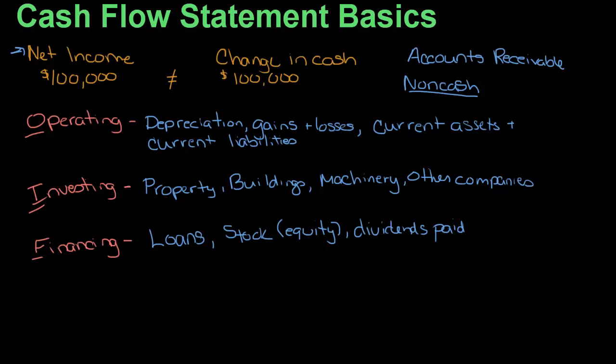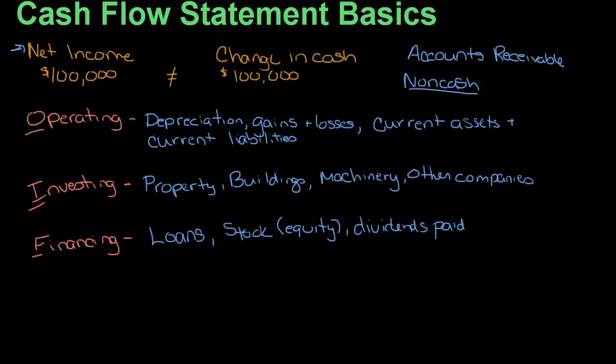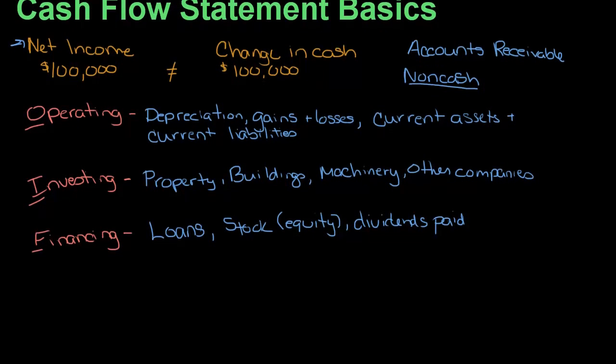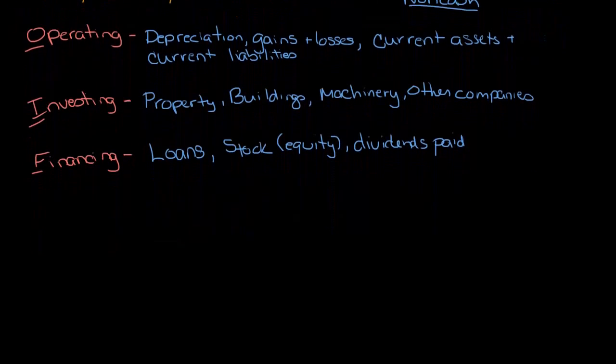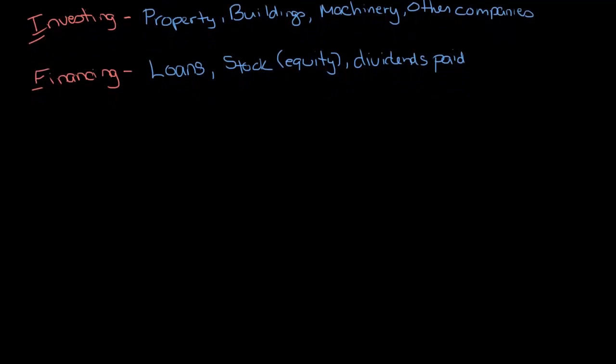Now, the last piece is, how do you determine whether to add something or subtract something on the cash flow statement? What we're always looking for on the cash flow statement is we are looking for changes. Okay, so I'm looking at how are my numbers changing. So let's get some more space here.